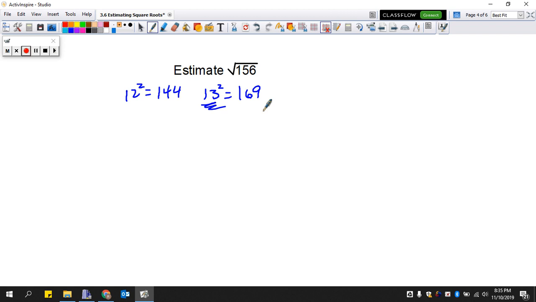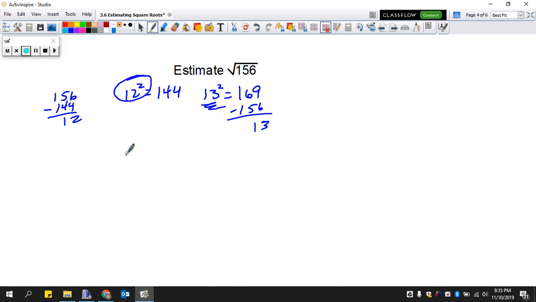If we find the differences, 156 is somewhere between 144 and 169. 169 is 13 away, and 156 minus 144 is 12 away. So it's slightly closer to 144.